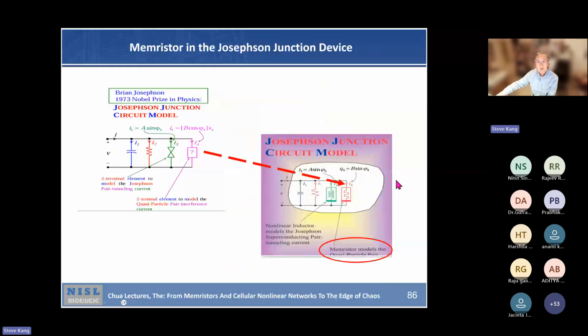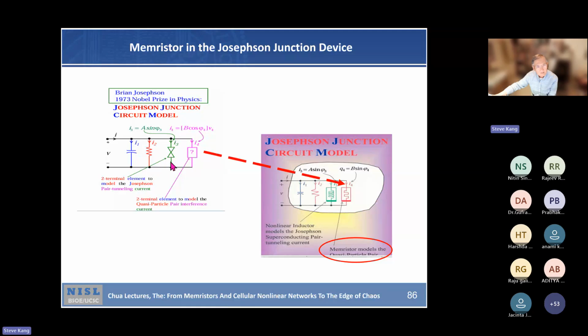Now, another application is the well-known Josephson junction device. It was invented at IBM. But if you look at the model of a Josephson junction two-terminal device, the second model involves a capacitor and resistor.